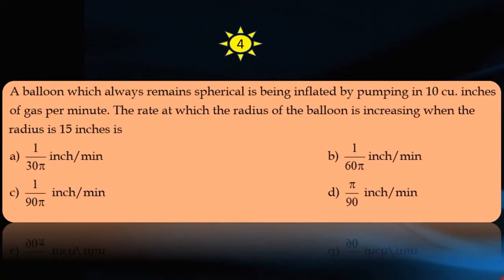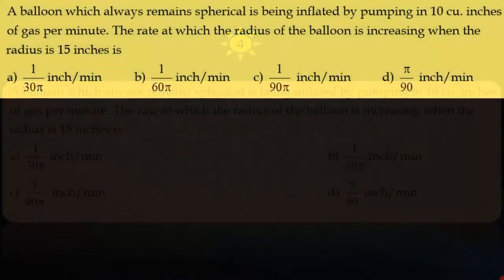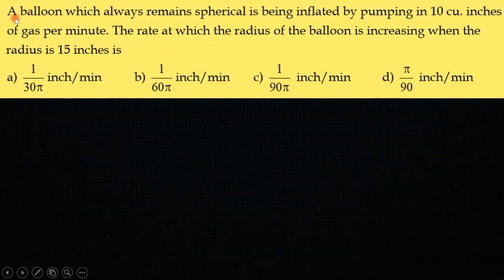Dear students, see question number 4. Read the question and write it. The question is, a balloon which always remains spherical is being inflated by pumping in 10 cubic inches of gas per minute.